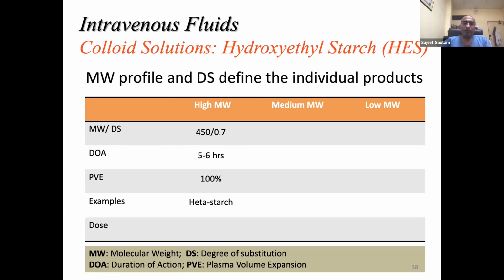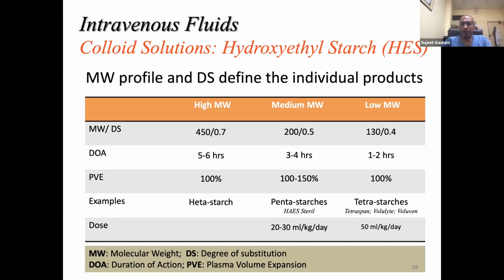In the initial period of my training, I have seen this medium molecular weight hydroxyethyl starch, which used to come in with the name of Hesteril. The molecular weight was 200 and degree of substitution 0.5, and their dose was in the range of 20 to 30. But recently we are using lower molecular weight variants with lower degree of substitution, which increases their metabolism. And these are the tetrastarches, and common brands so that you can get familiar are the Tetraspan, Volulyte, and Voluven.